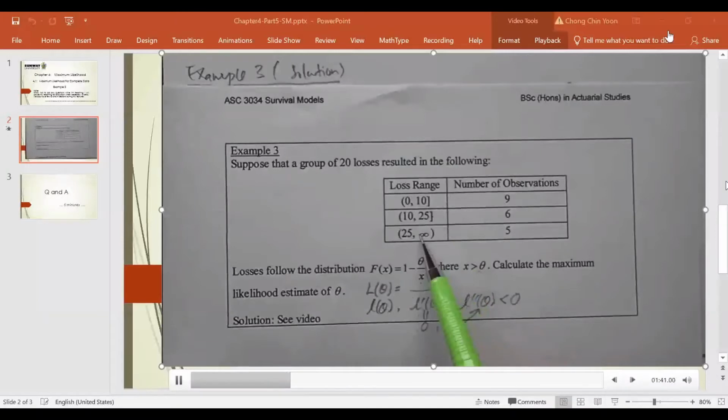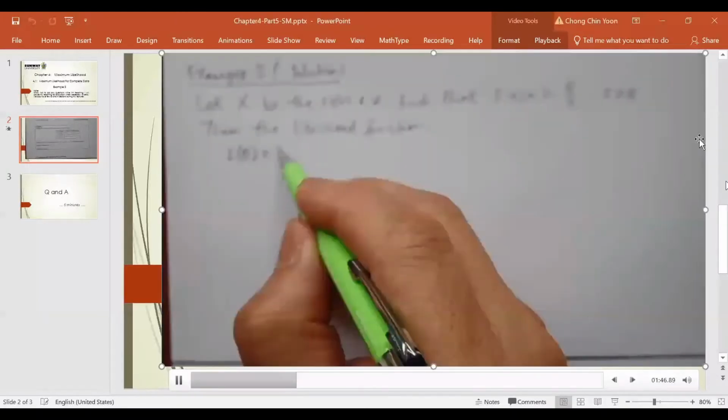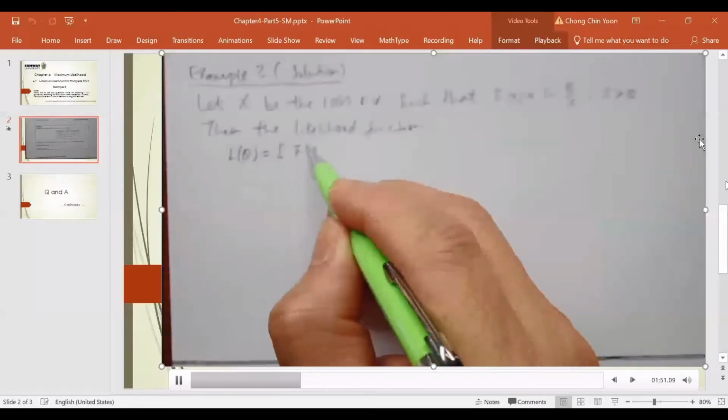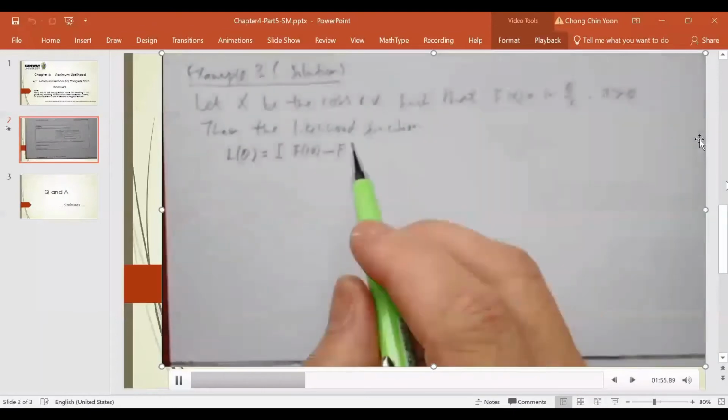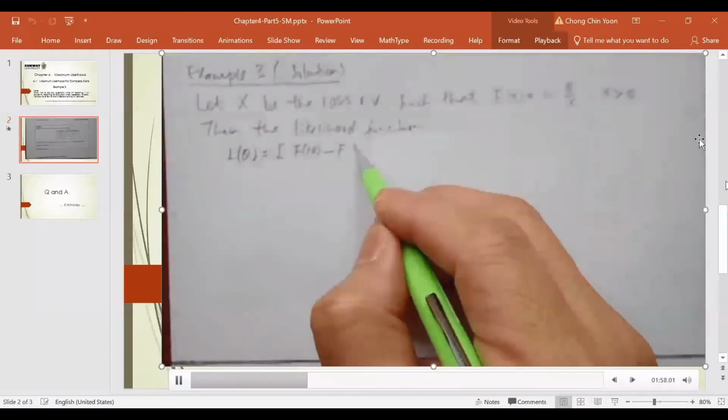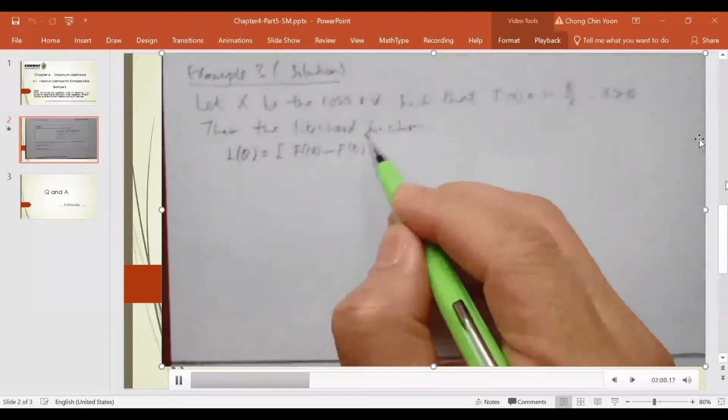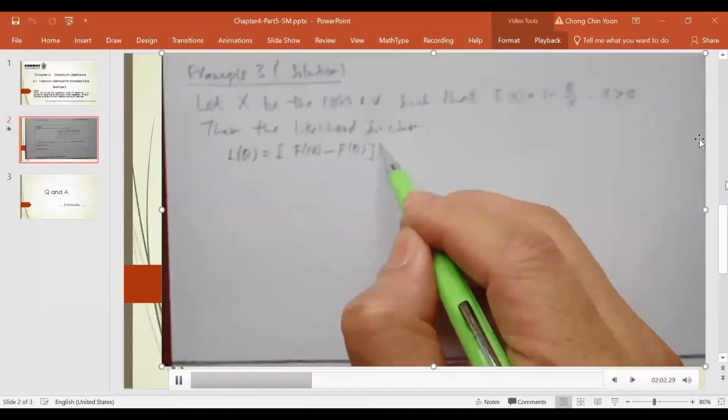For the first factor we have the CDF at n minus the CDF at the least value, that is theta, to the power of 9.